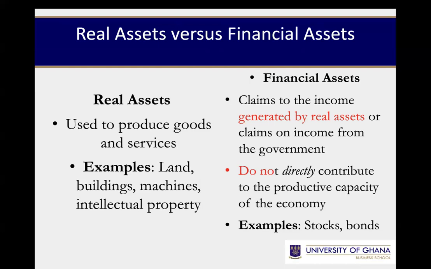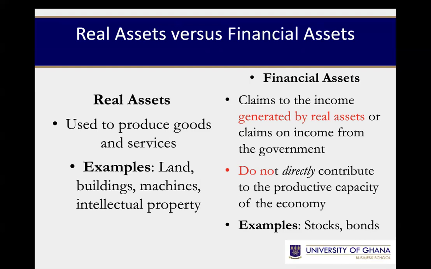And out of that, the financial assets are the claims to those income because that is actually generated by people making investments by committing their funds and deferring consumption for a period. So by committing funds and therefore undertaking an investment, these providers of capital then generate claims to the income generated by these real assets.